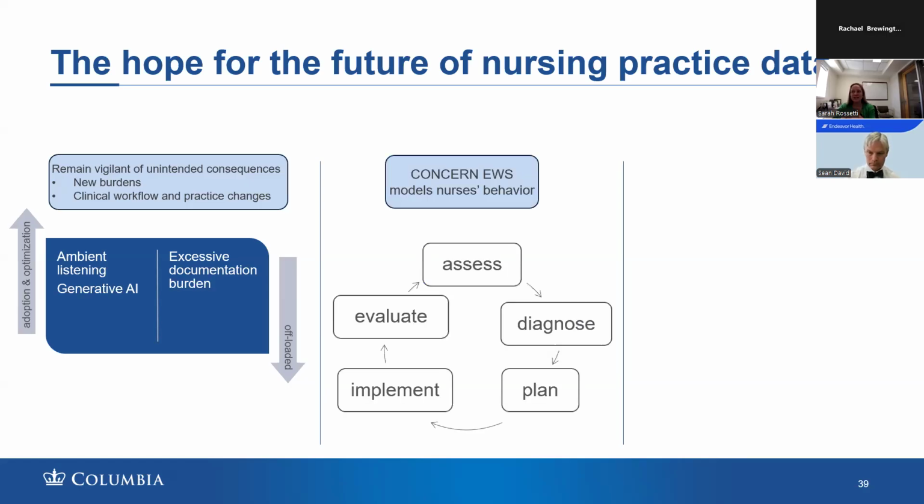Now, in the context of CONCERN, I'm really, and I know Kenrick is too, we talk about this all the time, excited to model that data as it's newly captured through these new AI-based tools. We're excited about it because what CONCERN does is it models the nurse's behavior.